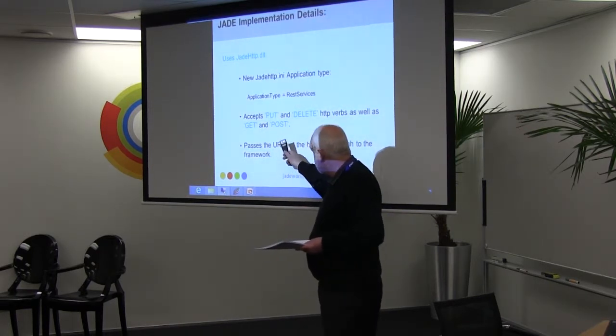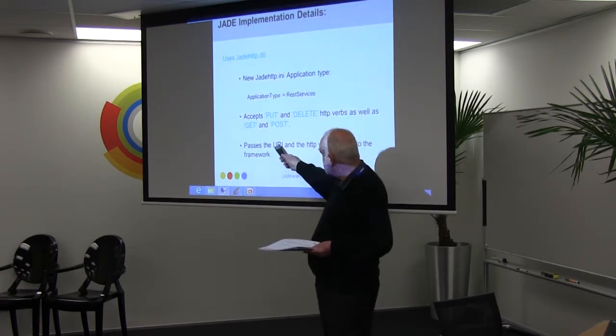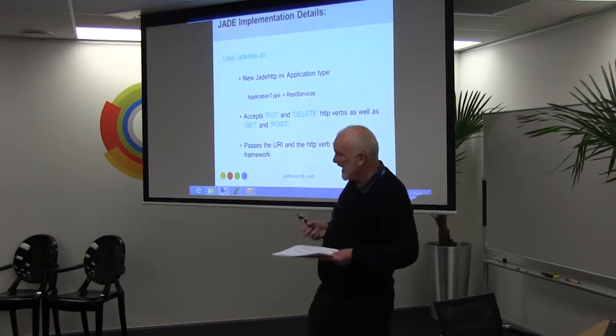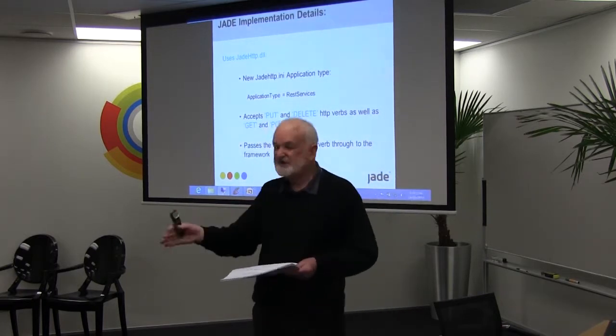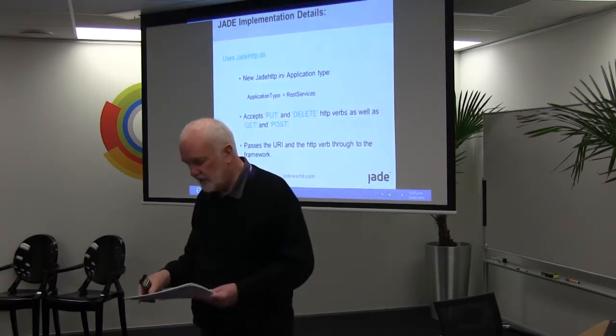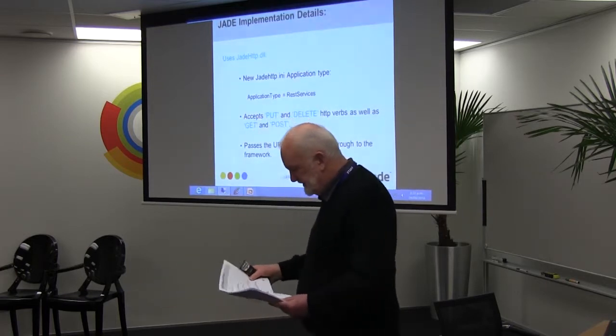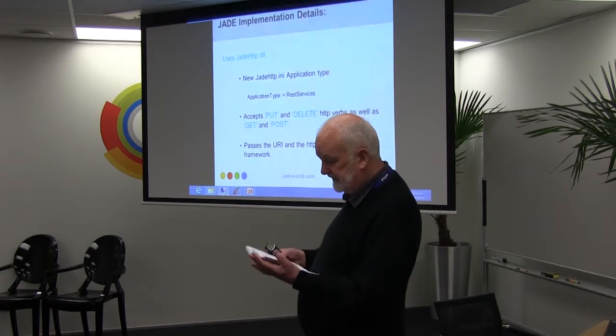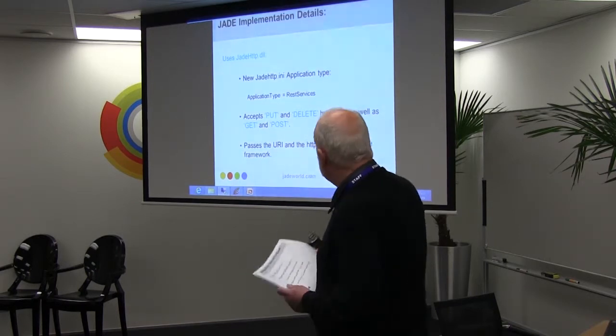So the HTTP DLL will pass through the URI and the verb as part of the framework so that we can construct the method that's going to be called, and make that available to the developers if they want to see it.